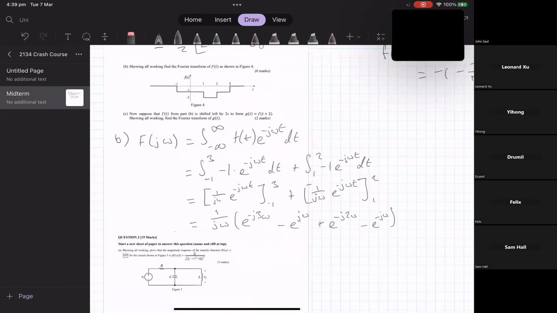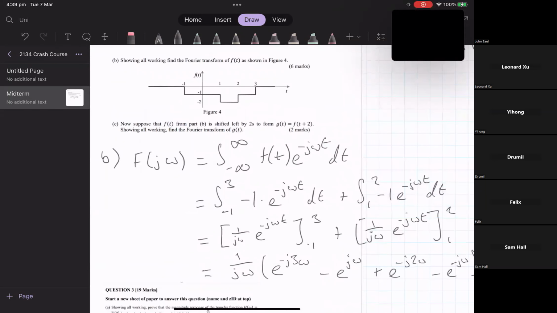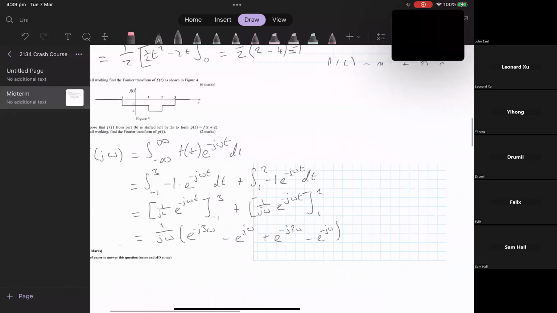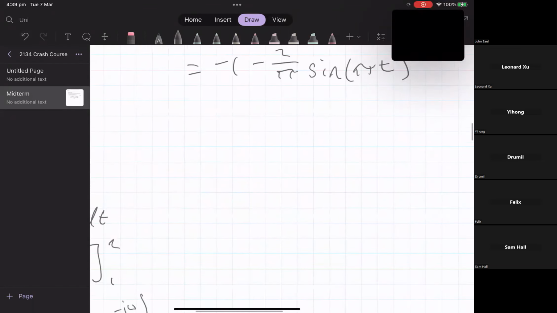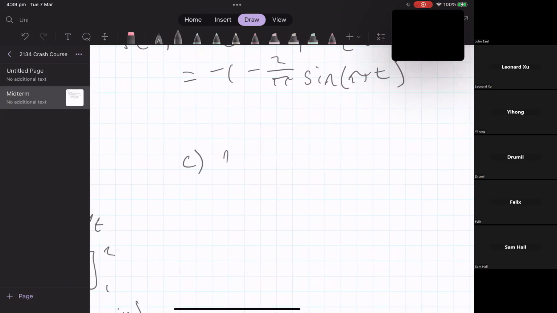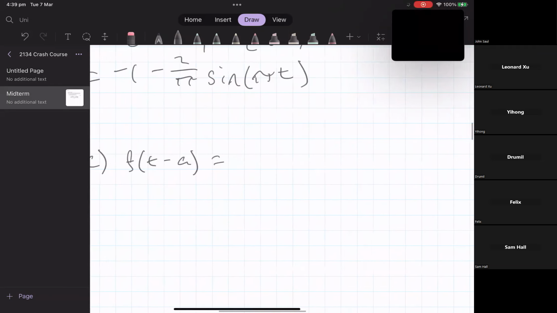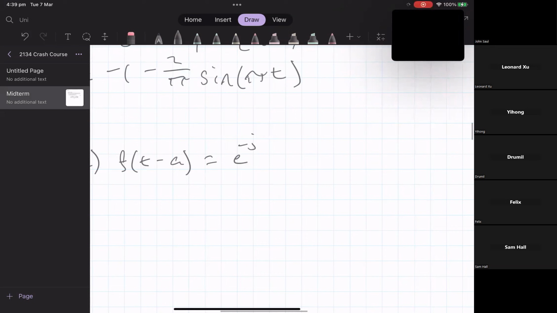Great. The next property builds into this, and that is using the time shifting property. Is everybody familiar with what the time shifting property is? Yep. I'll write that down just in case. So let's see, f of t minus a is equal to e to the -j omega a times F of j omega.